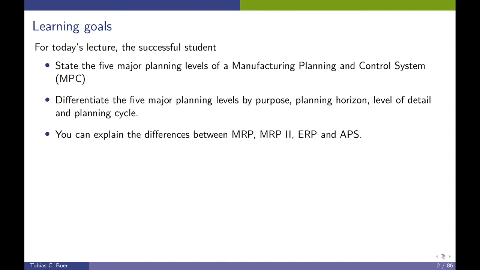The learning goals of this session are: the successful student should be able to state the five major planning levels of a manufacturing planning and control system. The successful student should be able to differentiate the 5 major planning levels by purpose, planning horizon, level of detail, and planning cycle.